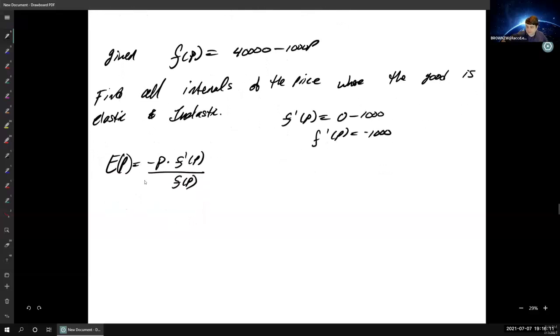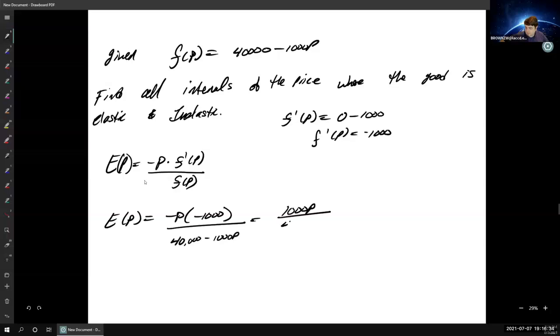Plugging that in, my elasticity function is negative p times negative 1,000 all over 40,000 minus 1,000p. So negative p times negative 1,000 gives us 1,000p all over 40,000 minus 1,000p.